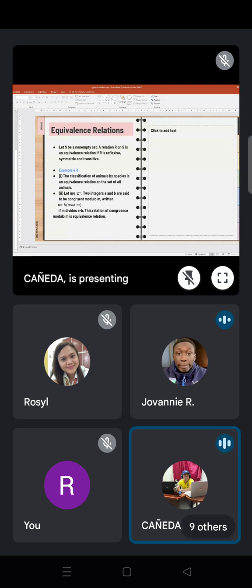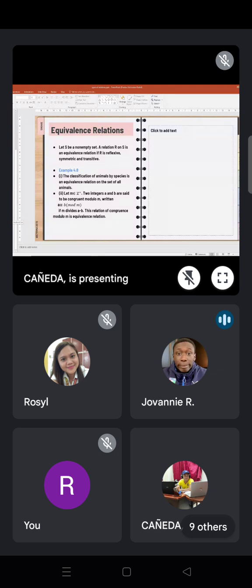And 4 is related to 8 because 2 divides 4 minus 8. That is congruence modulo 2. That is an equivalence relation. It is transitive, it is symmetric.